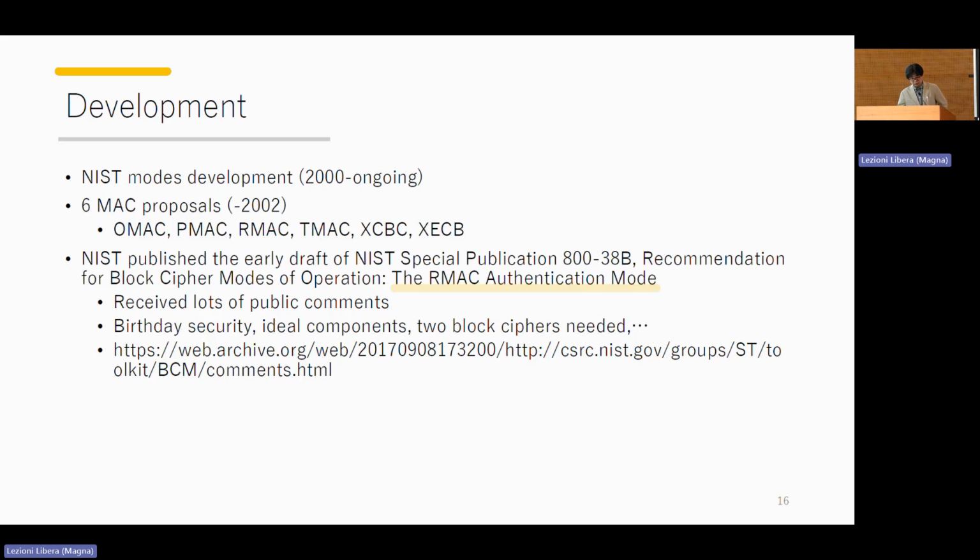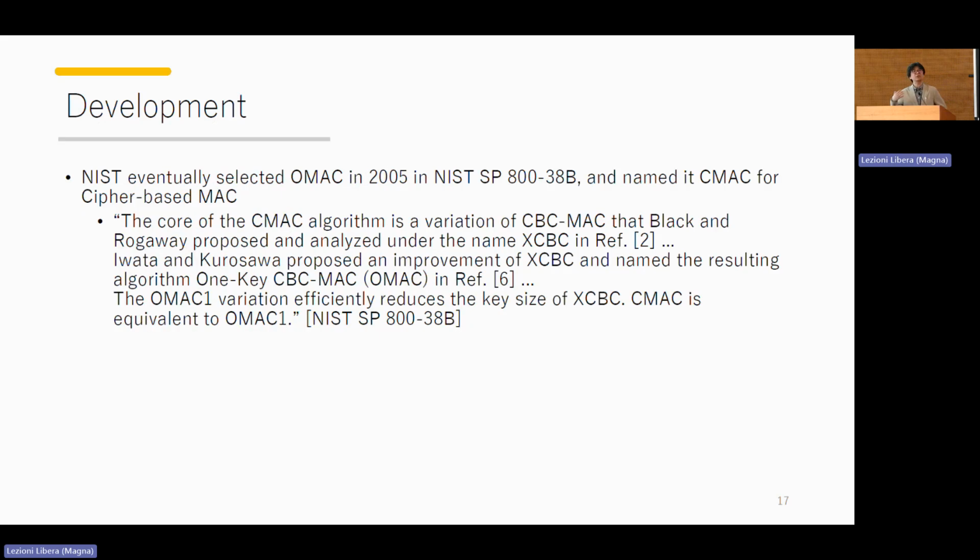And this triggered a lot of public comments mentioning many concerns on this choice. And you can still look at this website to see public comments, and NIST eventually selected OMAC in 2005 in the standard document and named it CMAC for cipher-based MAC.